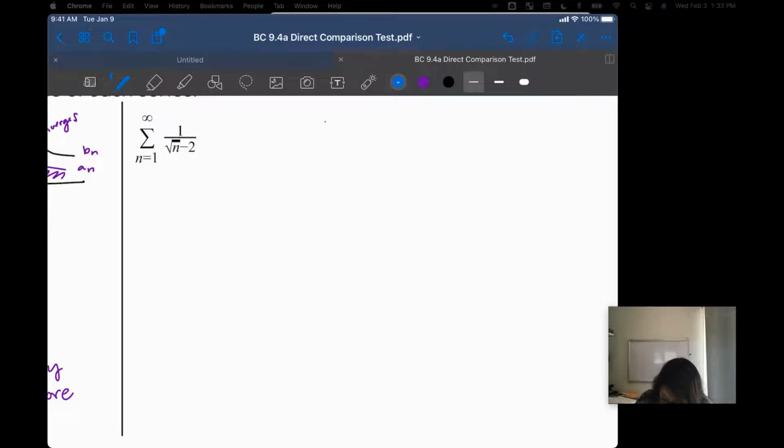Let's try to compare to 1 over the square root of n, because that would be a p-series, and I know I can figure out convergence and divergence of a p-series. So let's see how 1 over the square root of n compares to 1 over the square root of n minus 2.